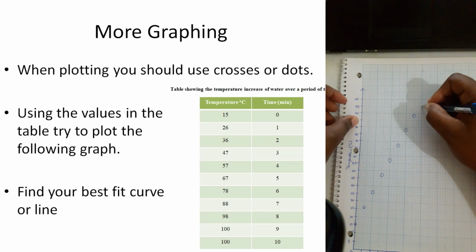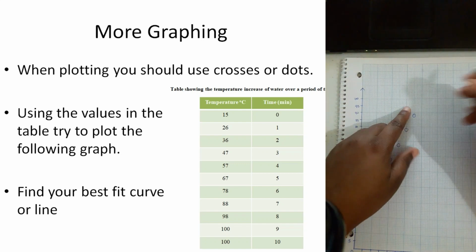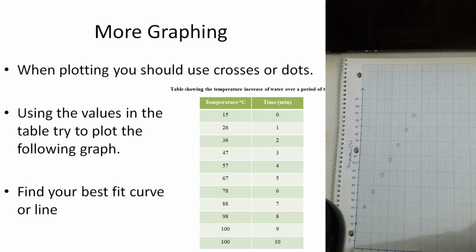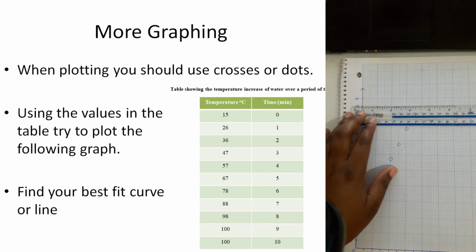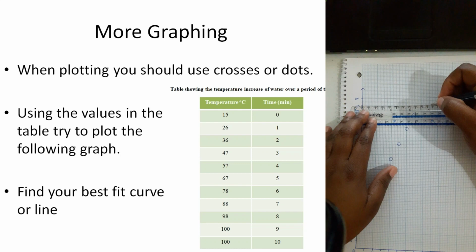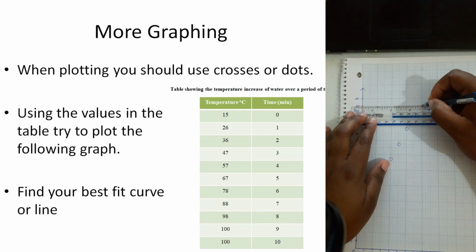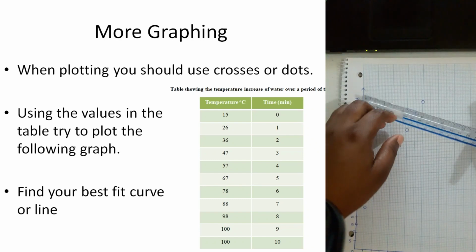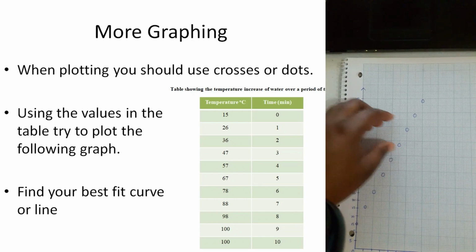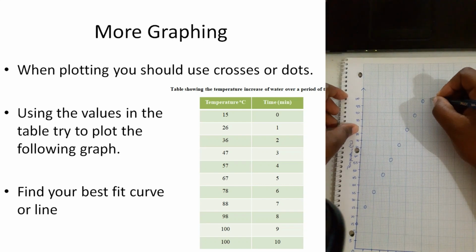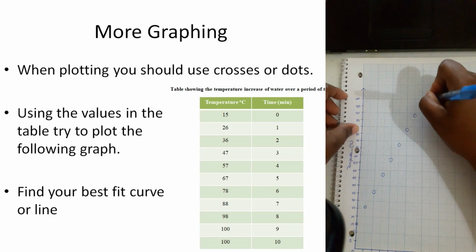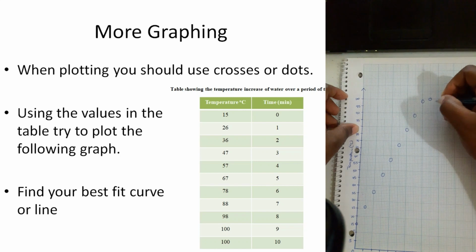So you say from 95, and you could use a ruler too. So 95, and you know here is 8. So it's 95, 96, 97, 98. Right? And then when it is 9 minutes, it's at 100. And when it is at 10 minutes, it's at 100.